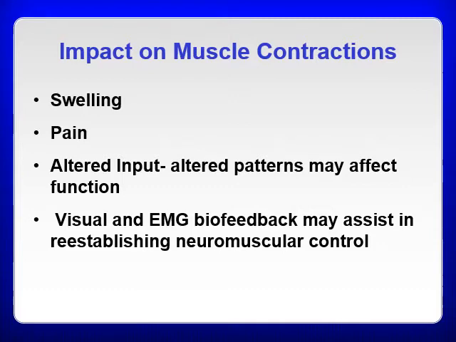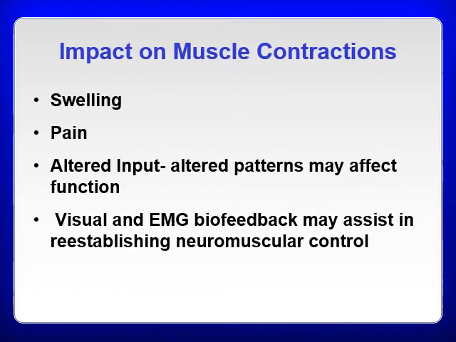One of the things we'll talk about later on is that visual and EMG biofeedback can assist in reestablishing this. We're going to talk about reestablishing neuromuscular control through both applying electrical stim and through the use of both visual and EMG feedback.